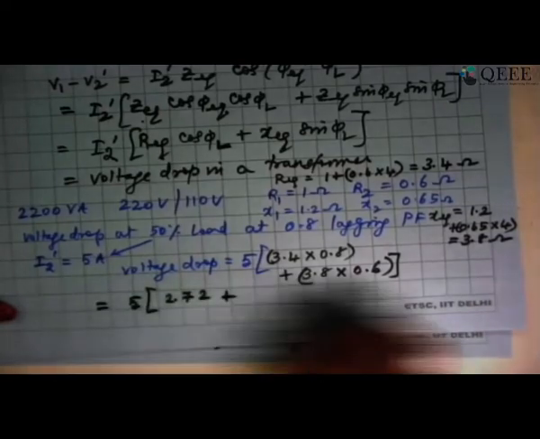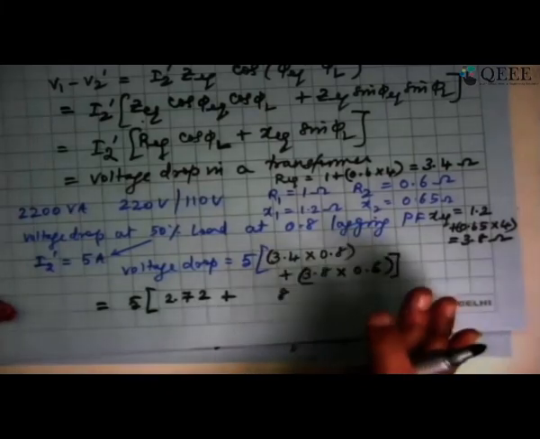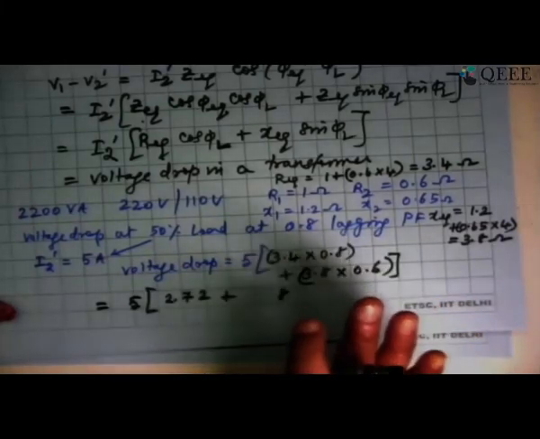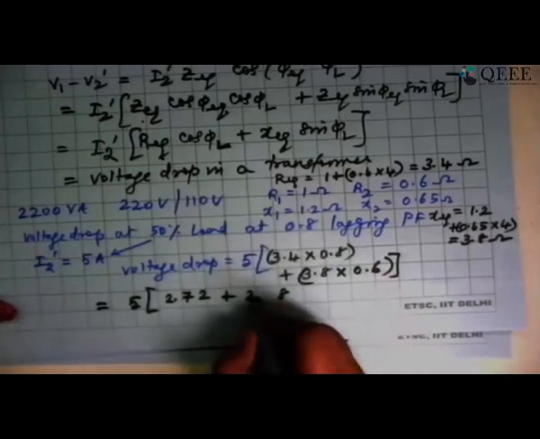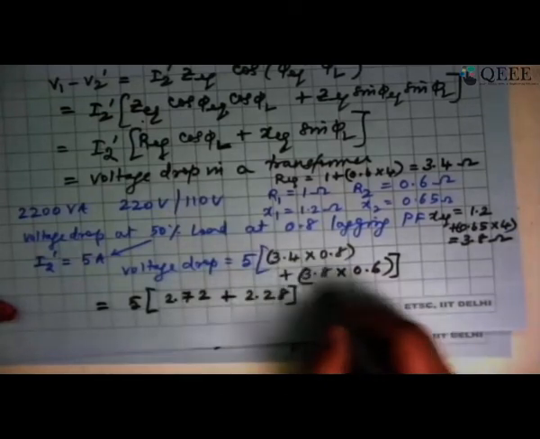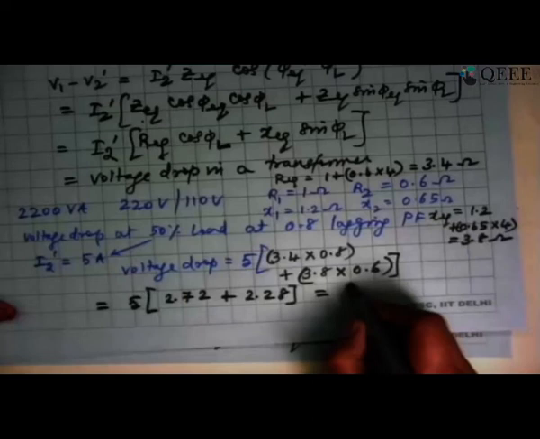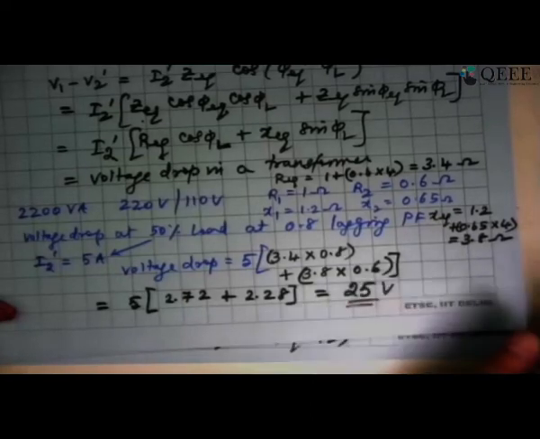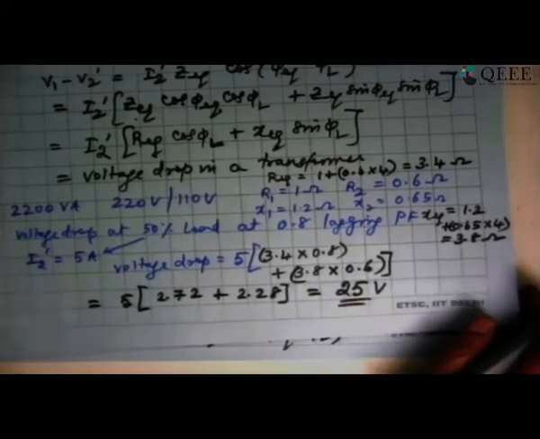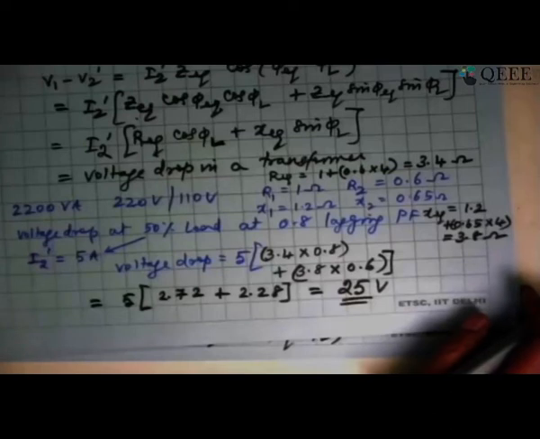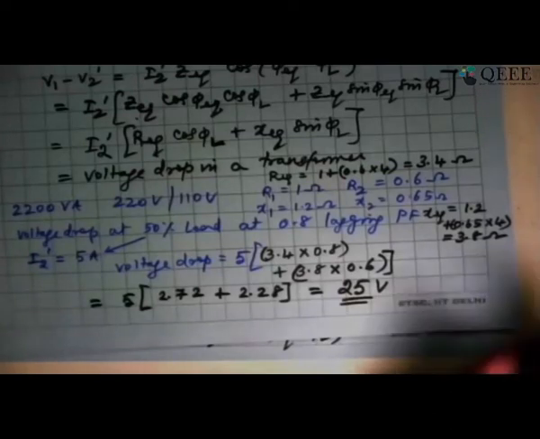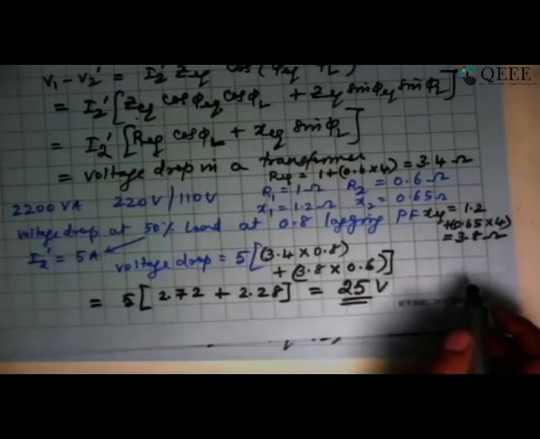And this is going to be 8, 6 3s are 18, 18 plus 4, 22. So this will be 2.28. This is the overall voltage drop. So 5 multiplied by 5, 25 volts drop that I am going to get in this particular case at 50% load. So 25 volts is the voltage drop.